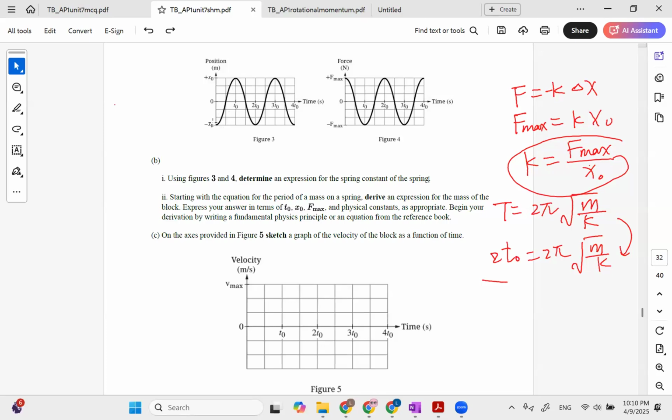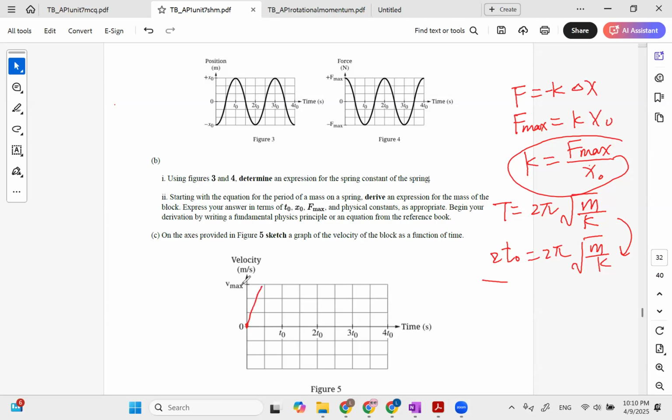For the graph, you are given position versus time. How do you find v versus time? Would it start at 0 and go positive, or start from 0 and then go positive or negative? Well, it's initially displaced negative, so we're going towards the positive side.